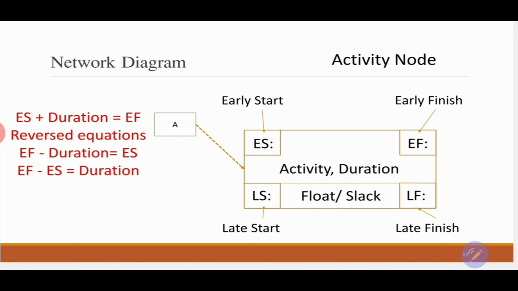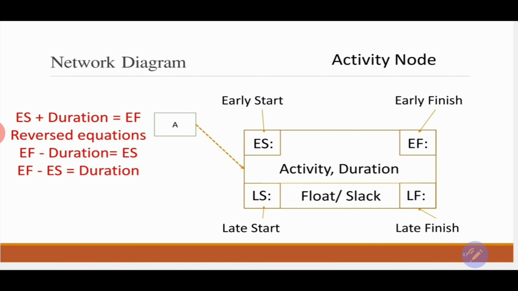There is an equation that we use in order to complete this node, which is early start plus the duration will give me the early finish. And if we use some math over here, we will have a reversed equation from this: the early finish minus the duration will equal the early start.